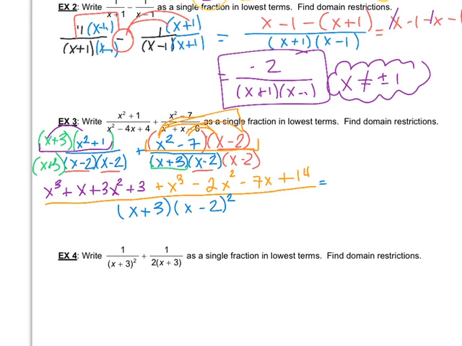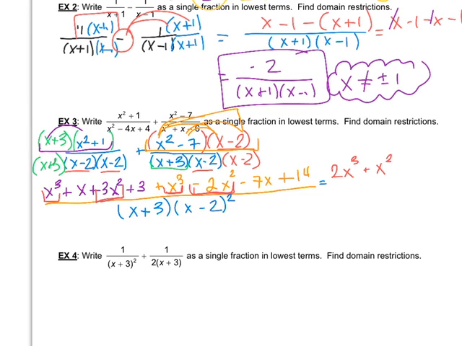Now I just need to combine like terms in this crazy numerator. So I'm going to switch to another color and start combining like terms. So I've got x cubed here. I've got x cubed here, which means I have 2x cubed. And then I've got 3x squared here and negative 2x squared, so that would just be 1x squared.